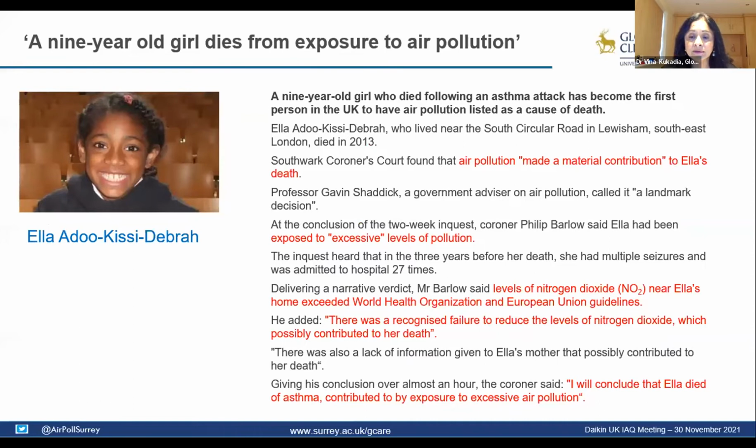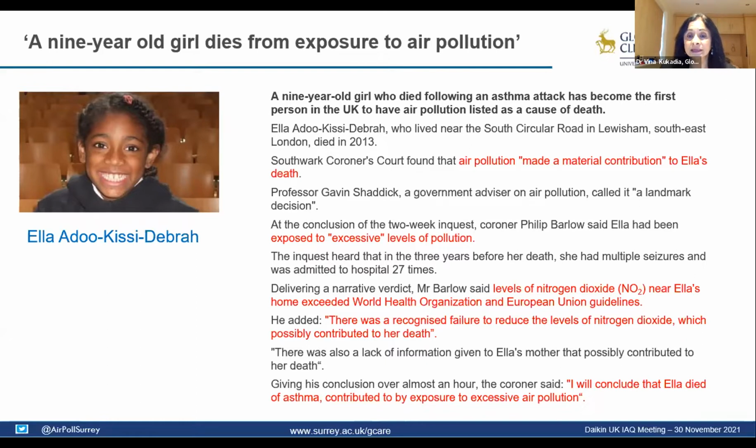I think many of you may have seen this in the local news, or in the news generally in the UK, where a 9-year-old girl, Ella, already had asthma, but they reckon that air pollution in her area, high levels of nitrogen dioxide, actually affected her lungs and her health.